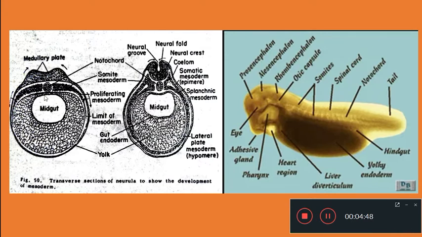And this notochord, later fluid-filled vacuoles will appear in the notochordal cells. There will be appearance of fluid-filled vacuoles, or vacuolation occurs. Thereby this notochord becomes a turgid structure in the median axis of the embryo. So now this becomes a turgid rod-like structure, and they get surrounded by a sheath.